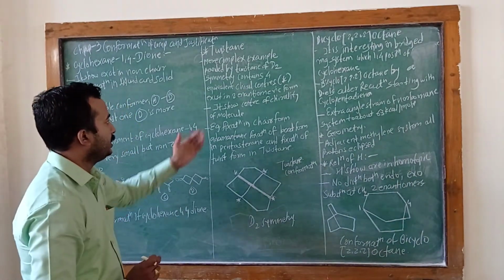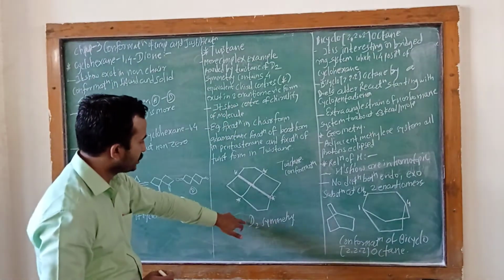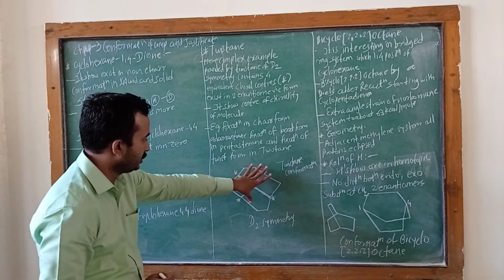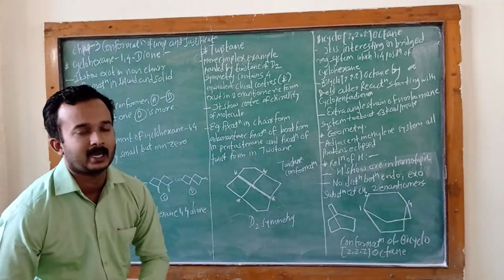Then it shows the center of chirality of the molecule. This D2 symmetry twistane ring shows the center of chirality of the molecule.